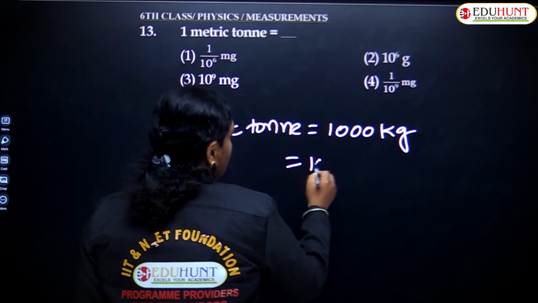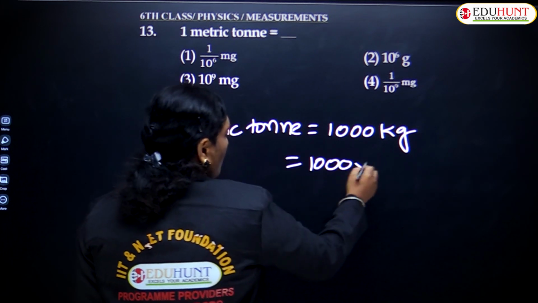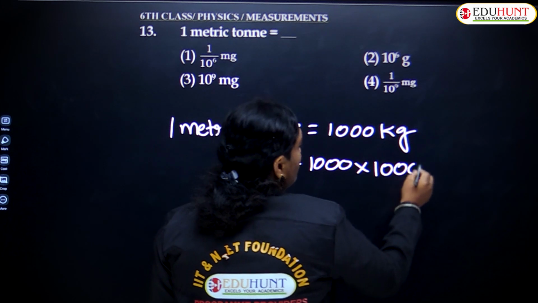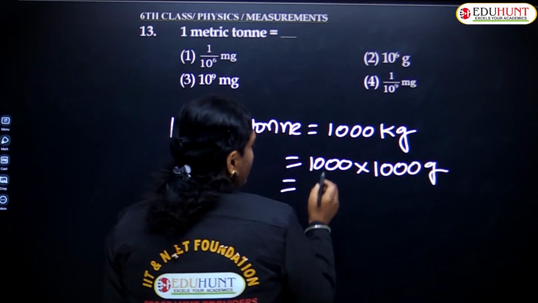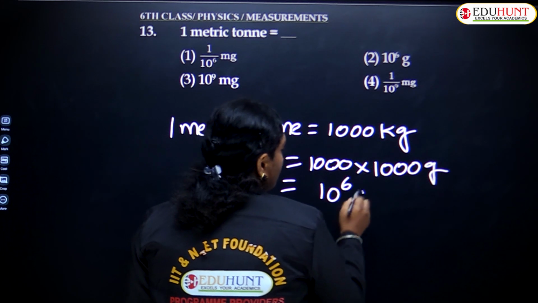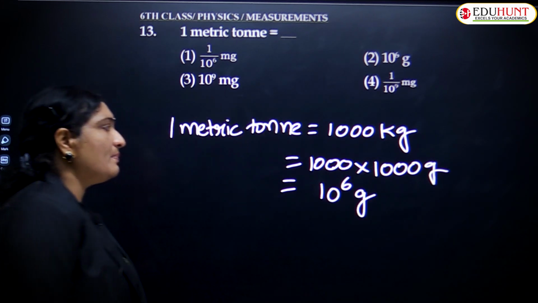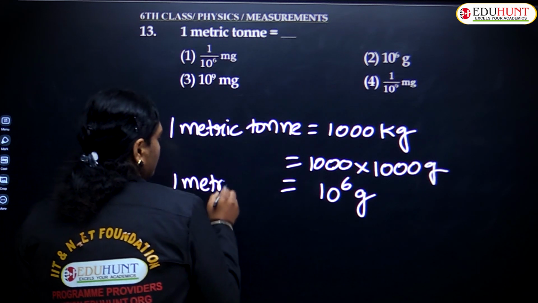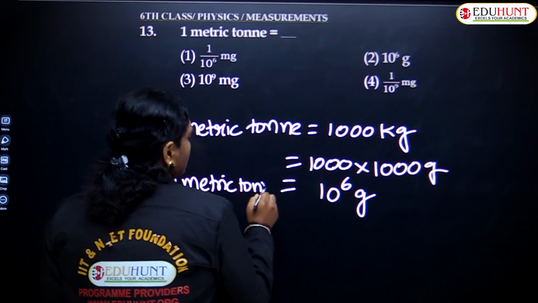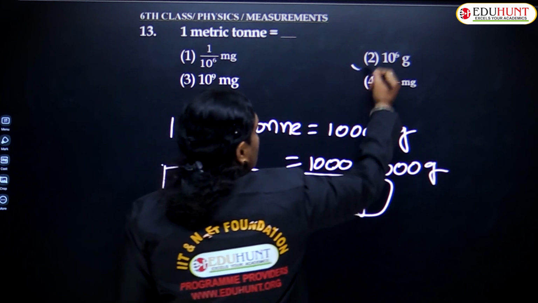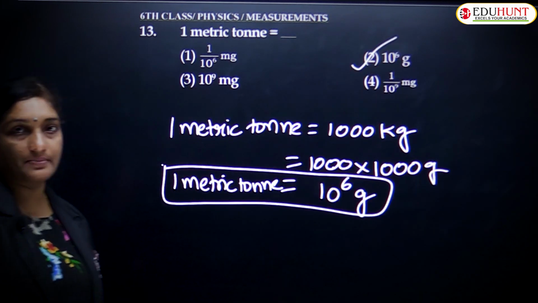So let us convert the same. 1 kg is 1000 grams. So altogether 10 power 6 grams. One metric ton is equals to 10 power 6 grams.